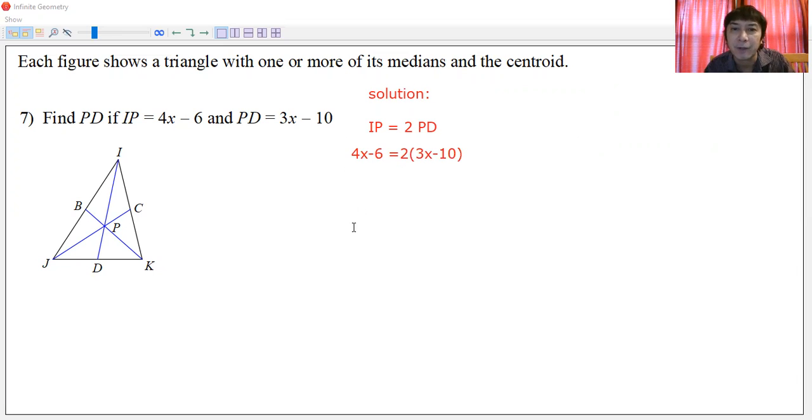And we solve for x, after which we use the x to compute for the required. So here's our working equation: 4x minus 6 for the IP is equal to 2 times 3x minus 10. Let's solve this first.